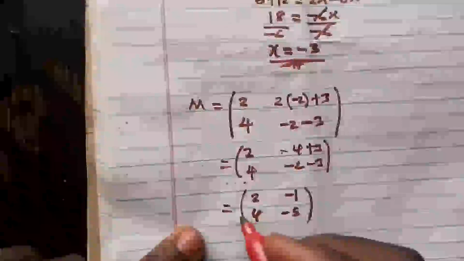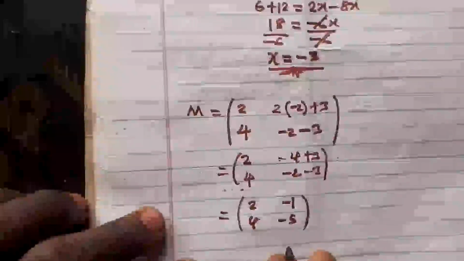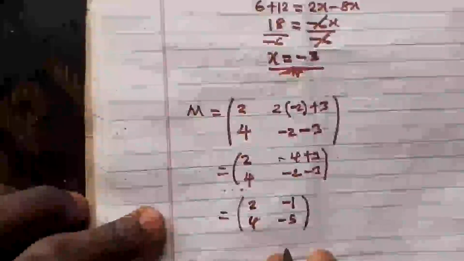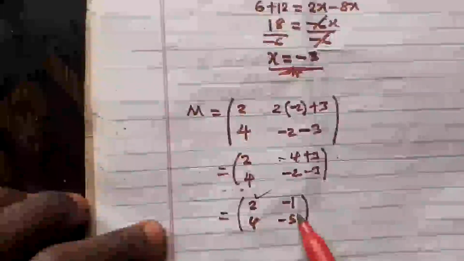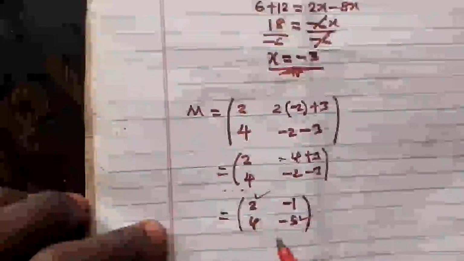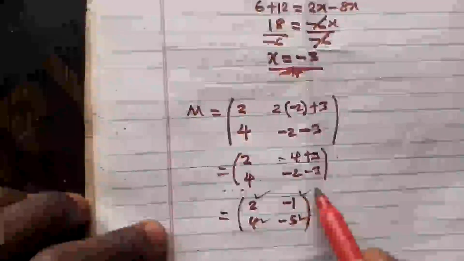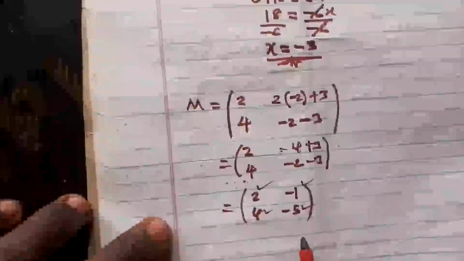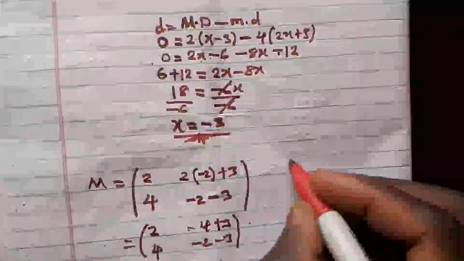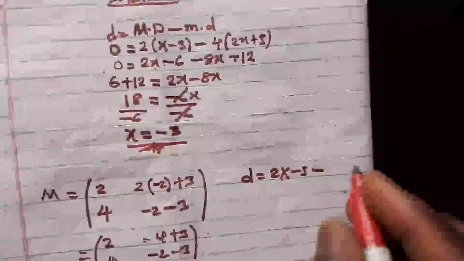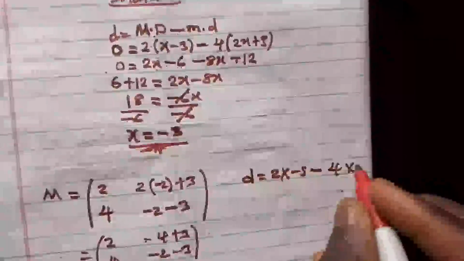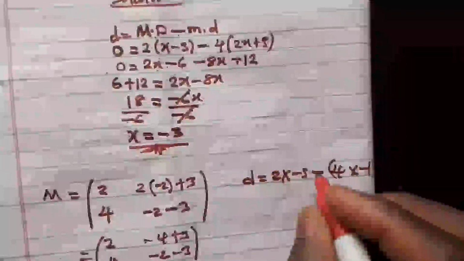Okay, so now since here we don't have the determinant, we can find the determinant, whereby we can say these two here, 2 and negative 5, are the major diagonal. Then 4 and negative 1, they are the minor diagonal. So I'm going to say determinant is equal to 2 multiplied by negative 5 minus 4 multiplied by negative 1, like this.